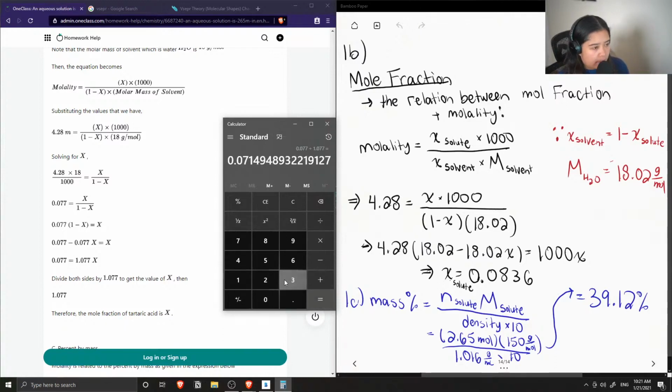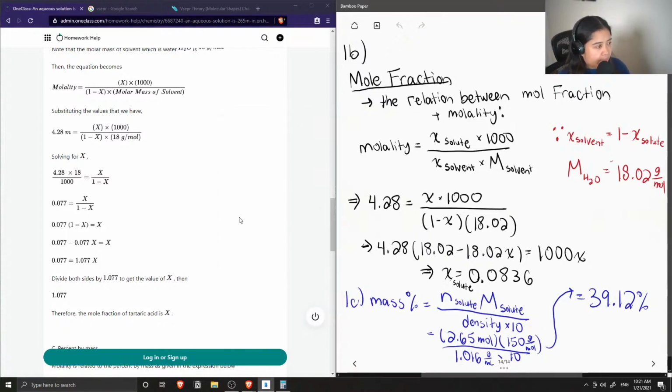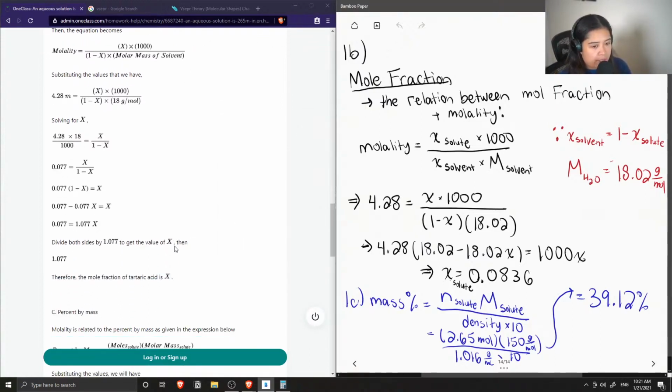So they got around 0.07, which is close, but I think it's a little different than mine because they have a molar mass of 18 grams per mole instead of 18.02 grams per mole. So that's why there might be some differences, but the solution looks correct.